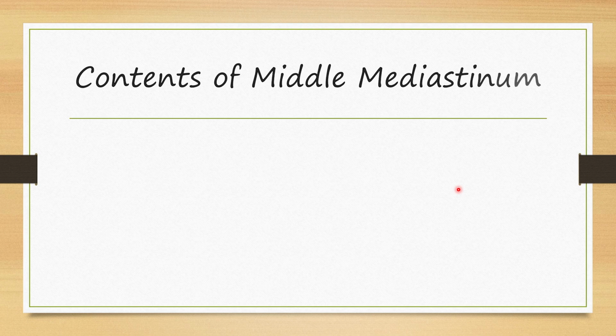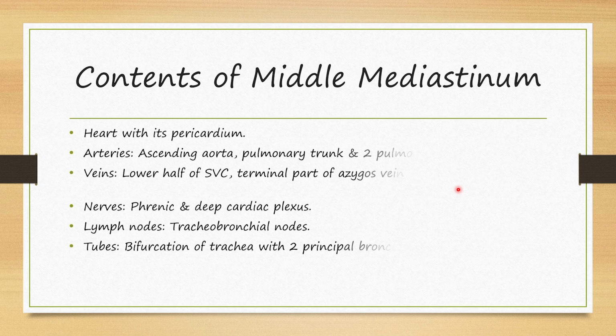Now let's talk about the contents of the middle mediastinum. For the middle mediastinum, there is the heart with its pericardium. You can see the heart is on the left side of the rib cage or something like that. It's in the middle mediastinum, which is part of the inferior mediastinum.